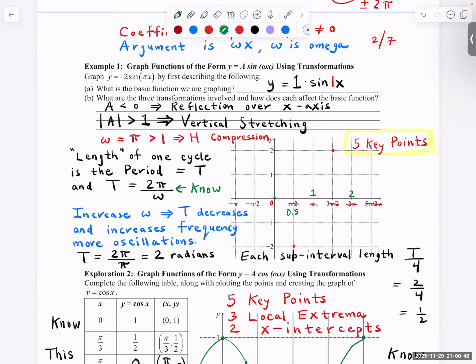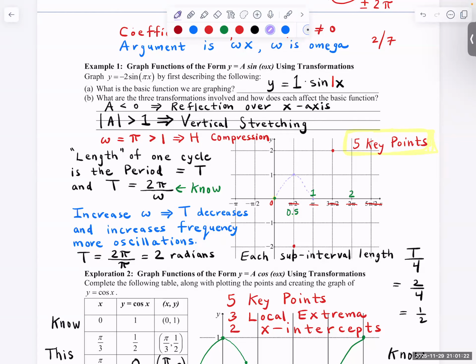Now, let's pause for a moment and graph the basic sine function, which starts at 0 radians. And at pi over 2, I'm going to do this in light purple here, the peak value is 1. At pi radians, the sine is 0. So this dotted graph here represents the basic sine function, which will help graph with transformations.